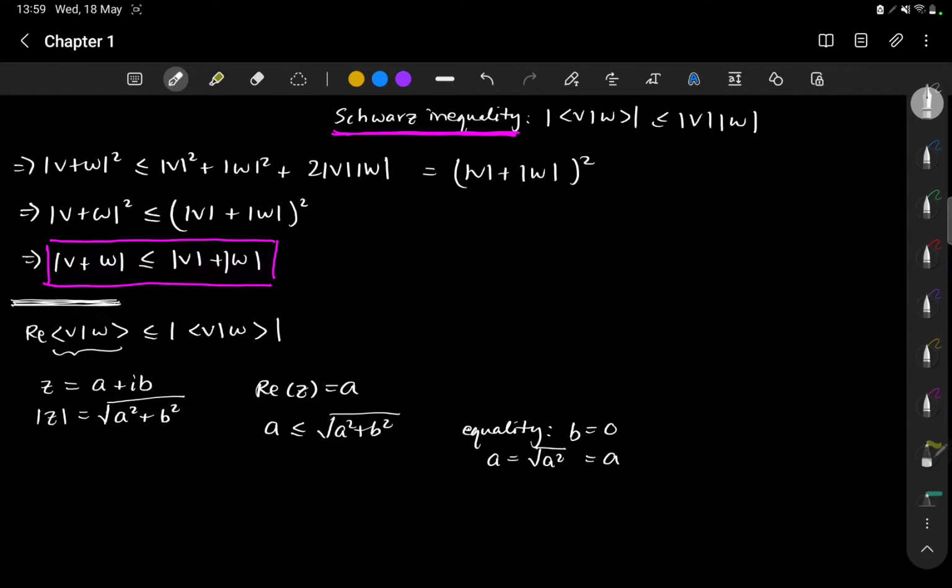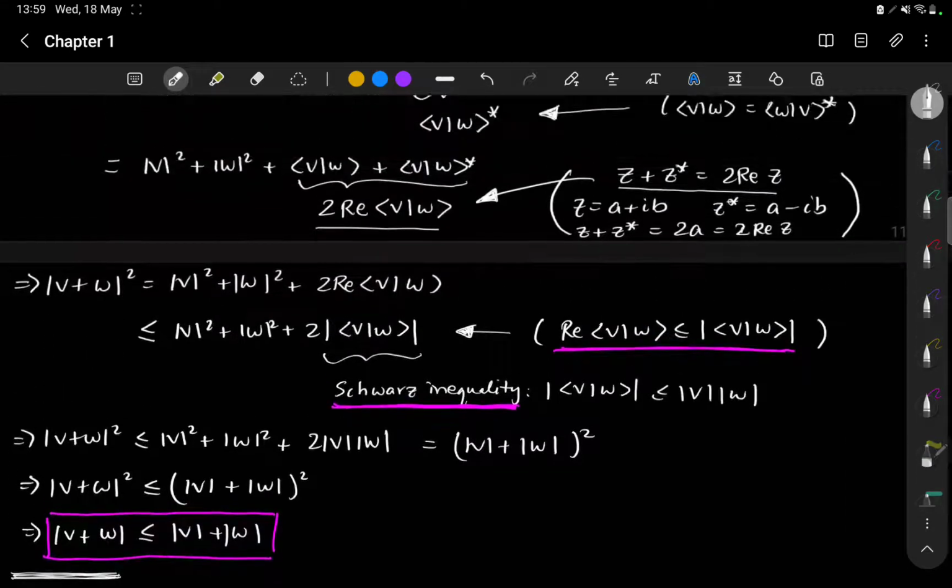So we see that real part of z is less than or equal to the magnitude of z. We see it very simply that this inequality is indeed true. So we have proved even this inequality that we were given in the question.